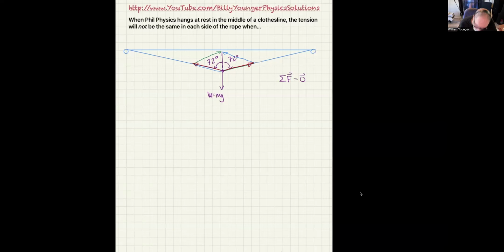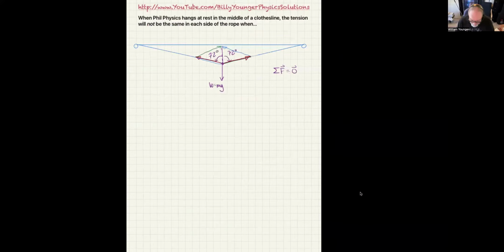And what we'd see now is that the parallelogram rule applied to the two red tensions, if they have a diagonal across that parallelogram that is exactly equal in magnitude but opposite in direction of the weight mg, then it is an equilibrium, and that's the case.